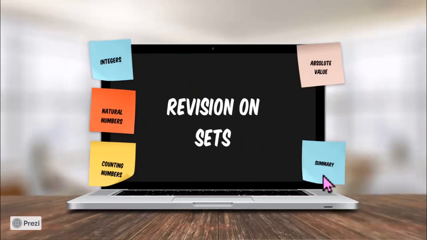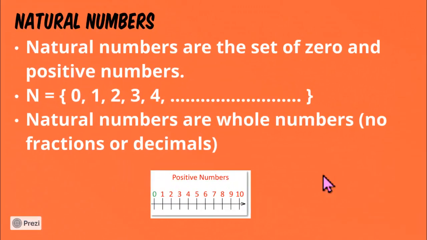The second set that we already studied in primary 5 was the set of natural numbers. What are natural numbers? Natural numbers are the set of 0 and positive numbers. Oh, let's stop here. Didn't we say that counting numbers is the set of positive numbers?